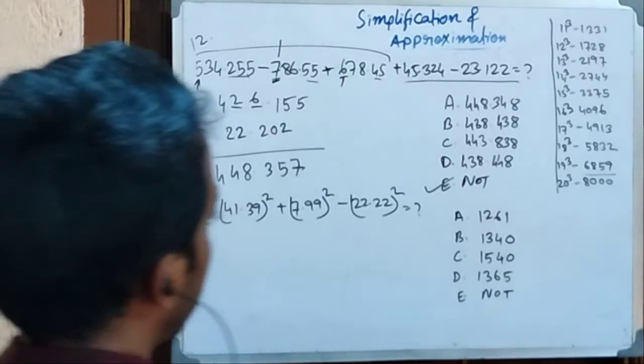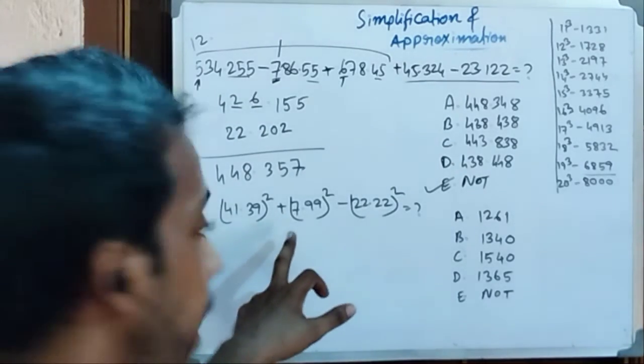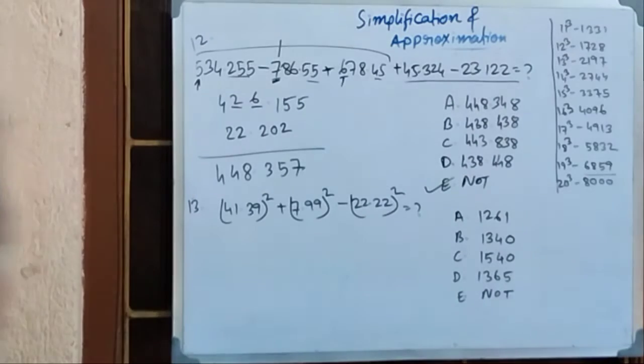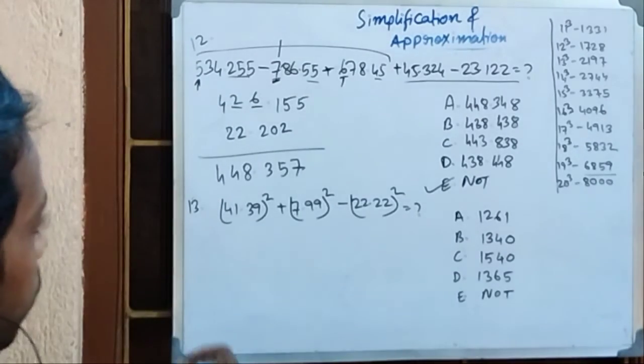Okay. Now here you can see that 41.39, 7.99 and 22.22 are all in square form. Okay, now how do we move?